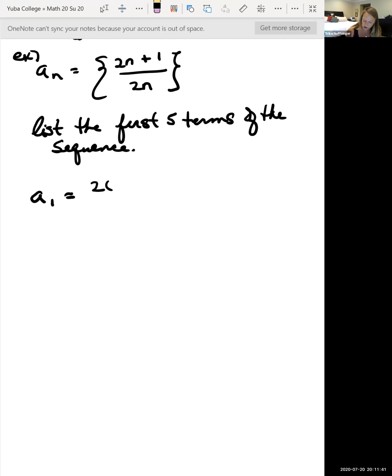So I have 2 times 1 plus 1 all over 2 times 1. Simplifying, 2 times 1 is 2, plus that 1 gives us 3, all over 2 times 1, which is 2. So that's the first term in our sequence.